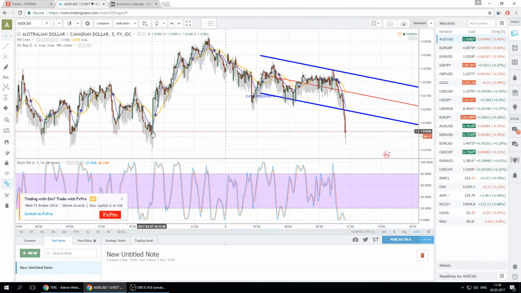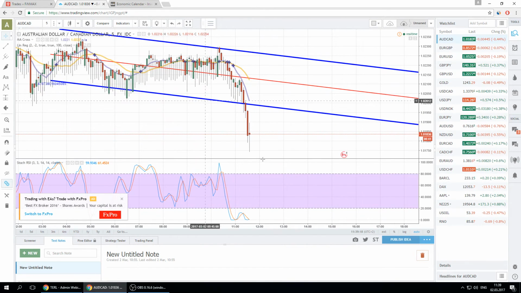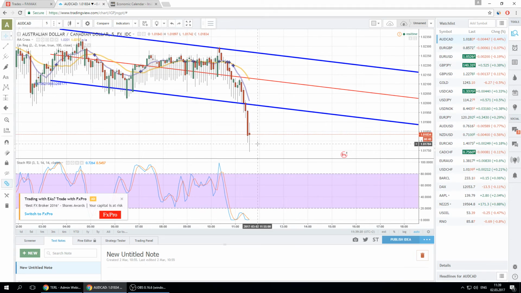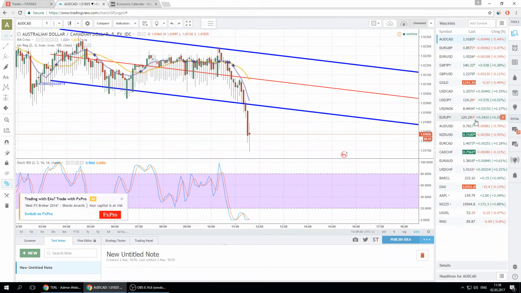Right now it's on a pretty low level. But still, as we see, it's not sufficient information to open the trade.